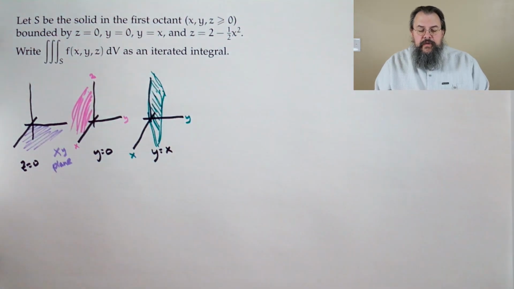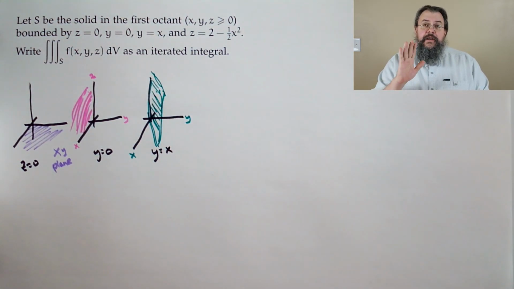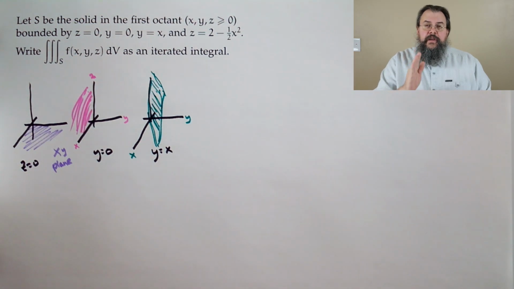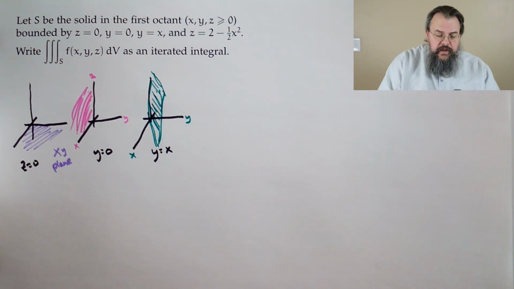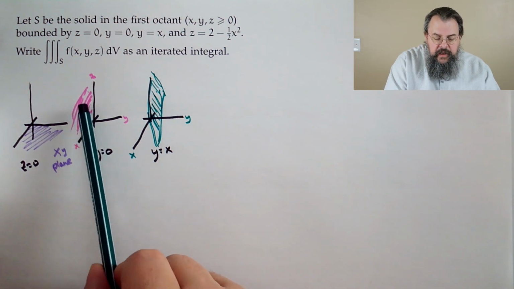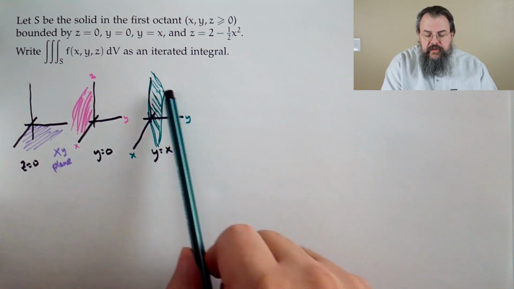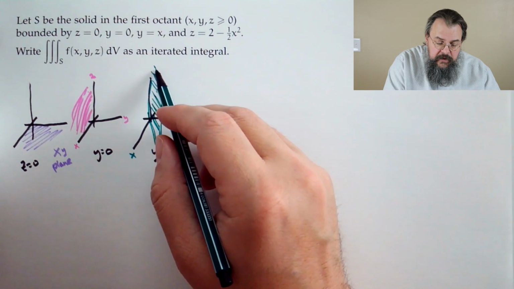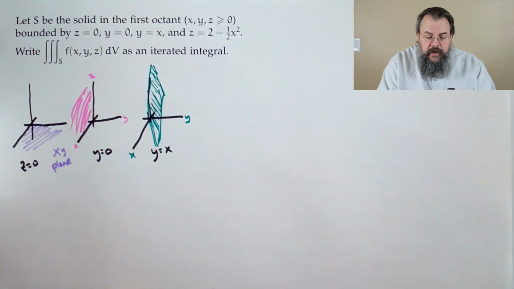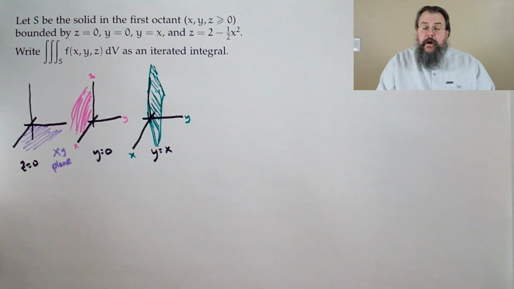One way you can think of it, notice that we had that plane y equals 0. You could imagine that we take the z-axis and pivot it 45 degrees, and you'll get that plane coming out. So there's the plane y equals x.